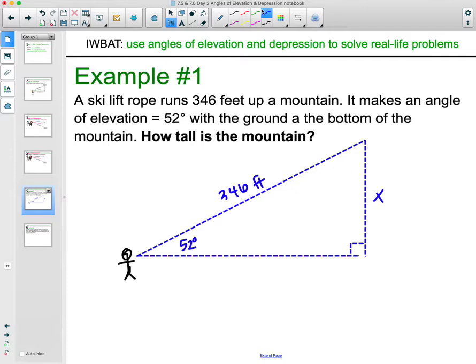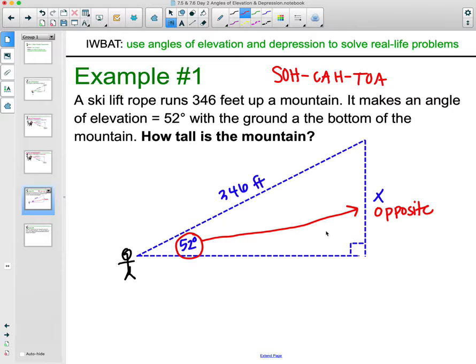Now that we've got it labeled, let's determine what function we're going to use. We're in a right triangle with one side given and an angle, so we're going to be using trig. I'll write out SOHCAHTOA, circle the angle that's given to me, and label the sides. This side here is directly across from the angle, so this is the opposite side.